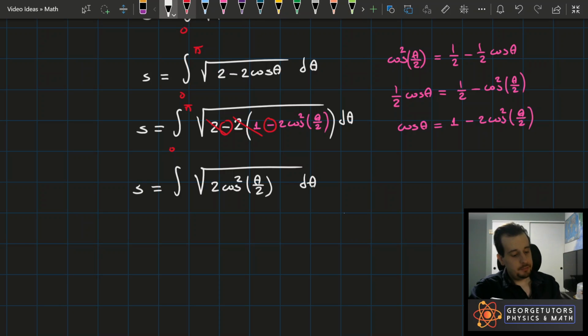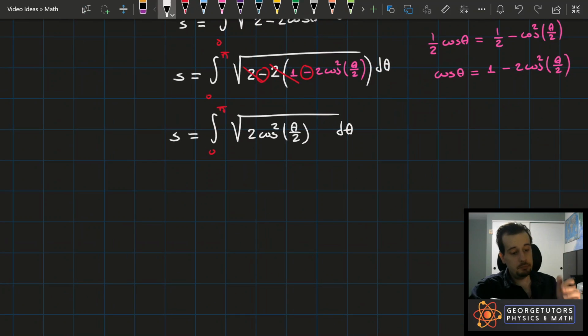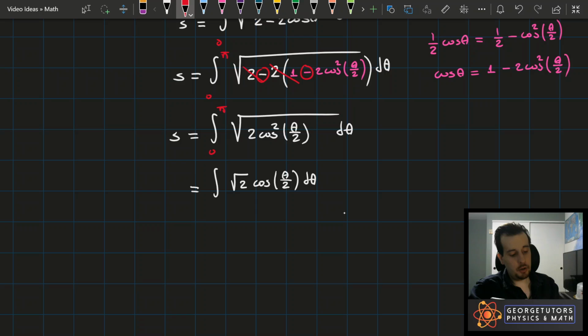All right. And now from here, we can distribute the square root in the two terms and essentially have root 2, and then when we distribute the square root to the squared cosine, we just get cos theta over 2. Same integral bounds from 0 to pi.